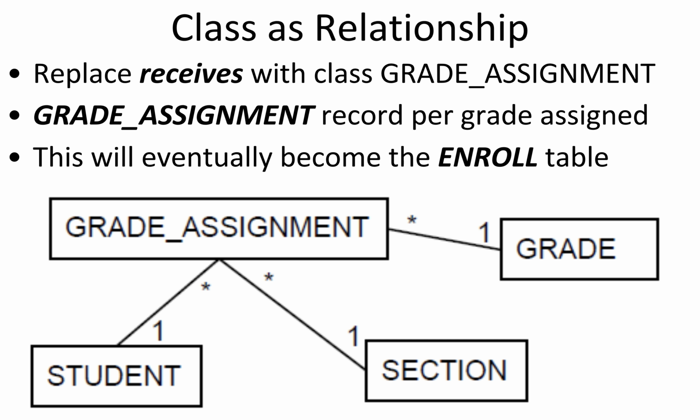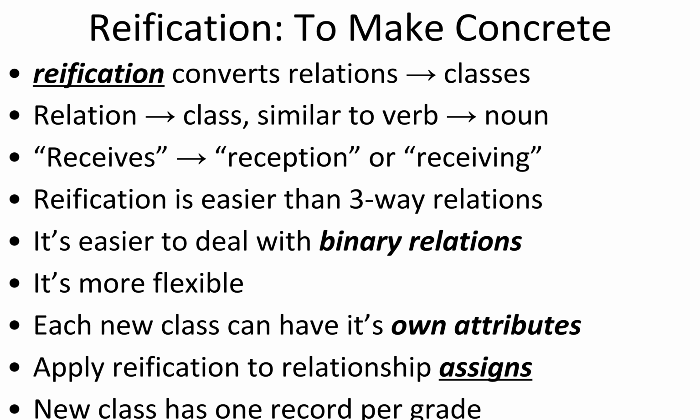So notice that we already saw the result. Eventually, this is going to become the enrollment table, and that makes a relationship between these three classes. We can start thinking ahead on how we're going to implement this in the low-level implementation as relational data, the relational schema.